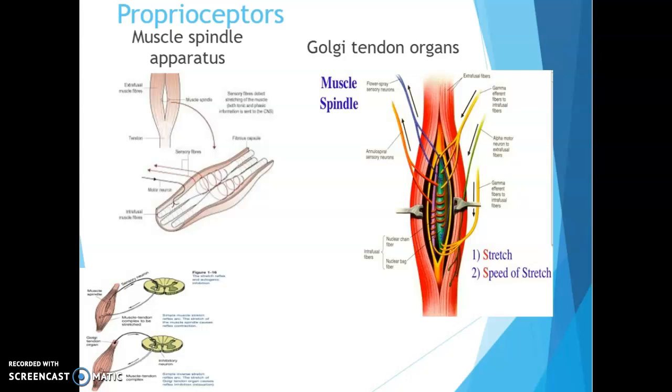Autogenic inhibition refers to a reduction in excitability of a contracting or stretched muscle, caused by increased inhibitory inputs from the Golgi tendon organs within the same muscle.